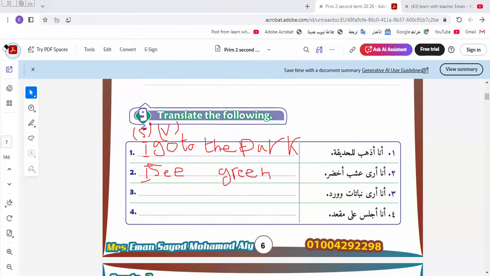I see green grass, not A. Here we say, I see plants and flowers. I see plants and flowers.